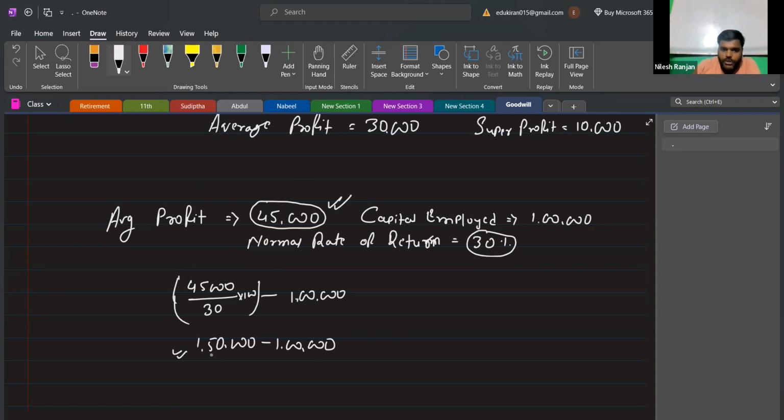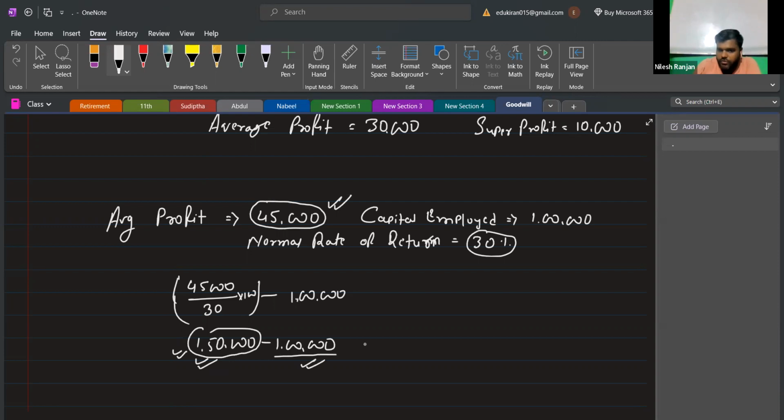We get 1,50,000 here. If we invest 1,50,000 and we are earning 30%, then by investing this amount, 1,50,000 into 30%, we will get 45,000. So this amount should be invested in the business, but the actual amount invested is 1 lakh.